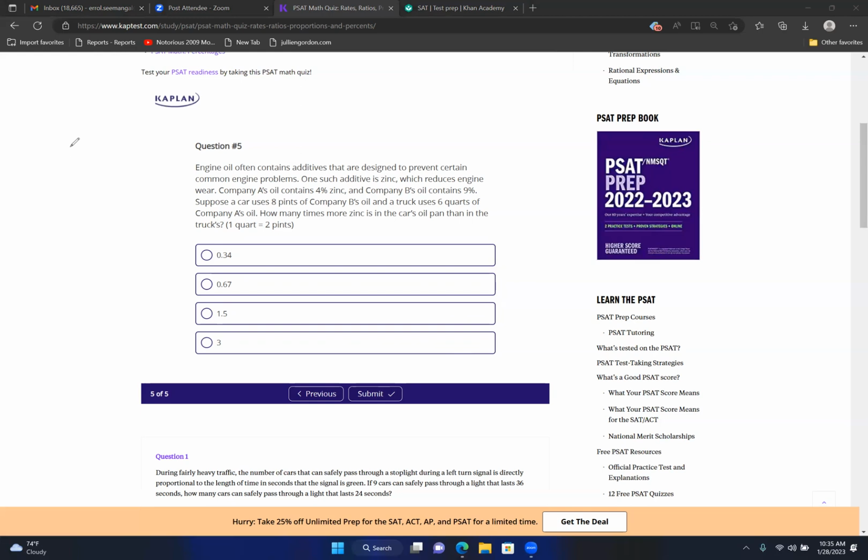Okay, zinc, which reduces engine wear, companies A and B. Company A's oil contains 4% zinc and B's 9%. Suppose a car uses 8 pints of Company B's oil. So 8 pints.